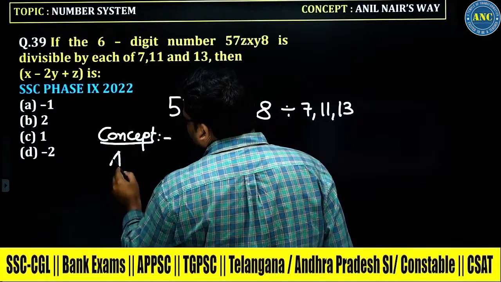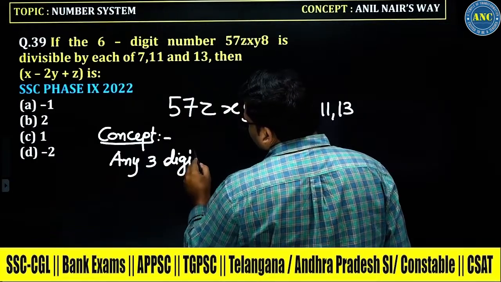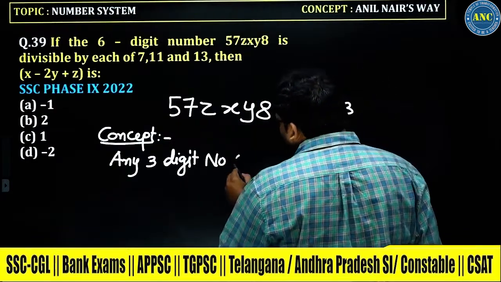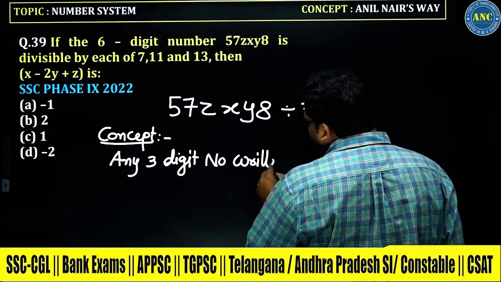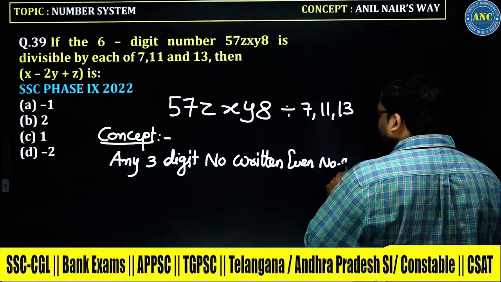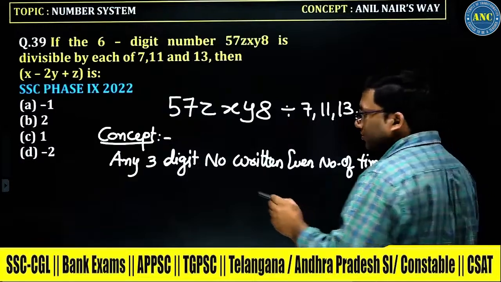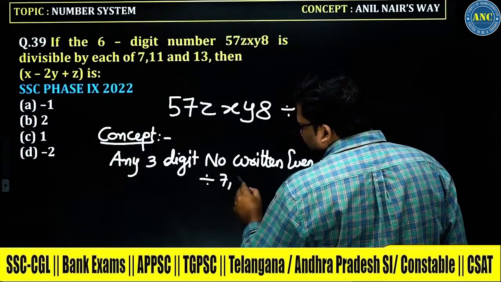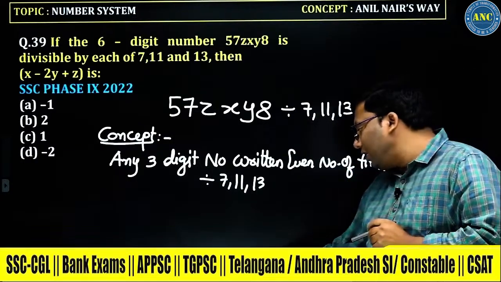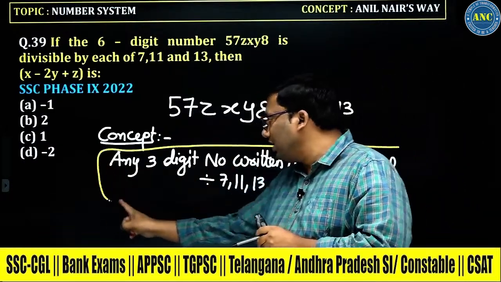The concept is, any 3-digit number written an even number of times is always divisible by 7, 11 and 13.